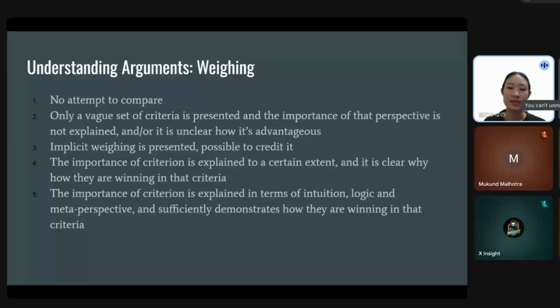This is necessary and makes it easy to sort and clear your thoughts, and that is why understanding likelihood, exclusivity, impact weighing, and the gradation in each explanation is important. That is understanding arguments, which leads to better judging, better understanding of the rounds.